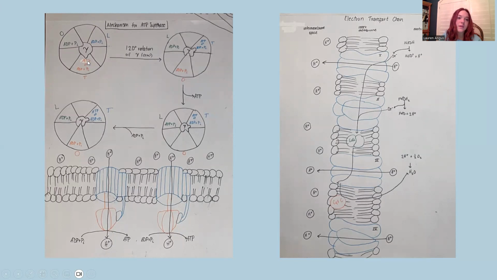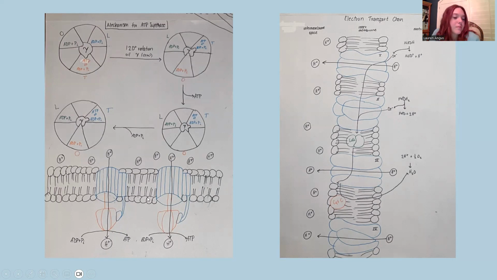So ATP synthase has this gamma subunit that rotates along and causes the open spots of the mechanism to change. Wherever the open spot is, ATP will be released from it, and then another ADP and a Pi will go up into that open space and bind, and then the gamma subunit will rotate 120 degrees again, causing a different area to be open.